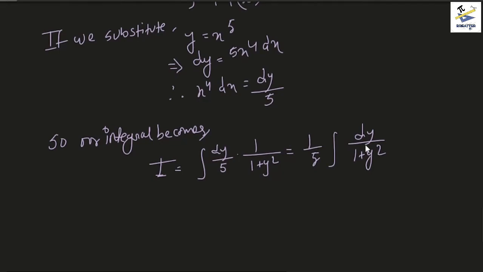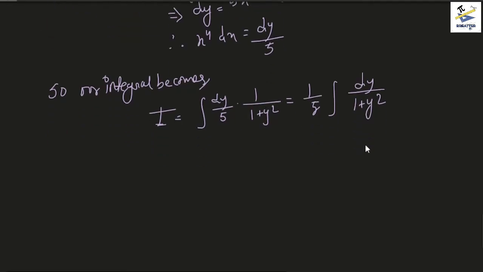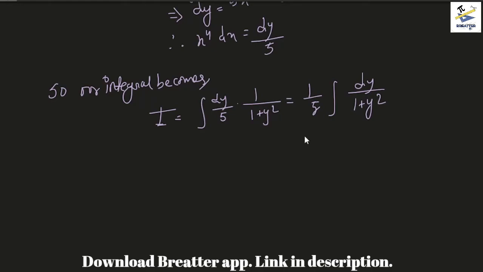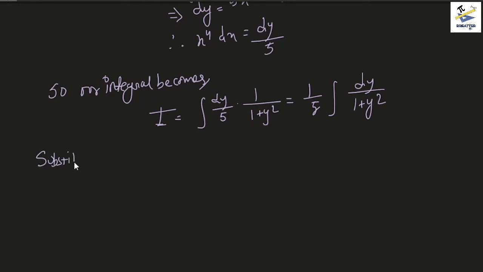Now, since we already know the integral of 1 by 1 plus y square is tan inverse y, but if we hadn't known that, we could use trigonometric substitutions in problems where we have something of the form 1 plus x square or 1 plus y square in the denominator or in the numerator.